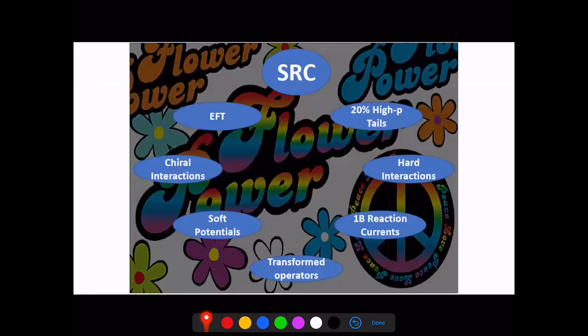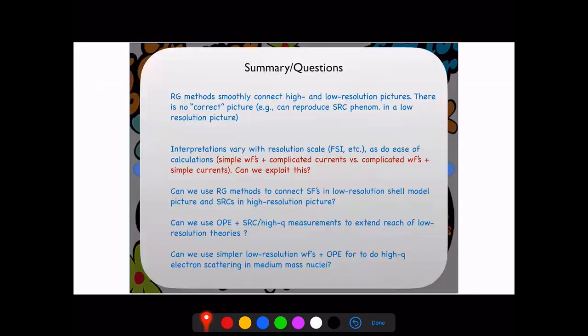But let me just flash up my summary page. Hopefully I convinced you that there really is no contradiction between these low and high resolution pictures of the nucleus. The point is that modern RG methods give you a tool to smoothly connect one from the other.